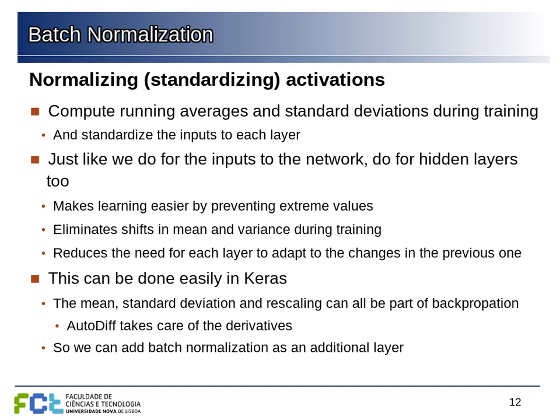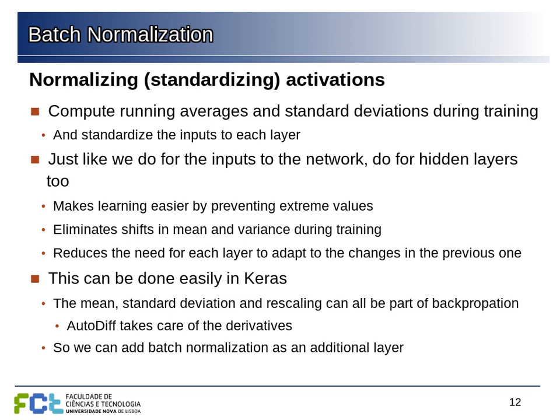This keeps the values that are being input into each layer always centered and on the same scale, and only the shape, the patterns, will change depending on what the previous layer has learned. So batch normalization reduces this need to adapt to those changes and can improve training a lot, can make training much faster. This is easy to do in Keras.